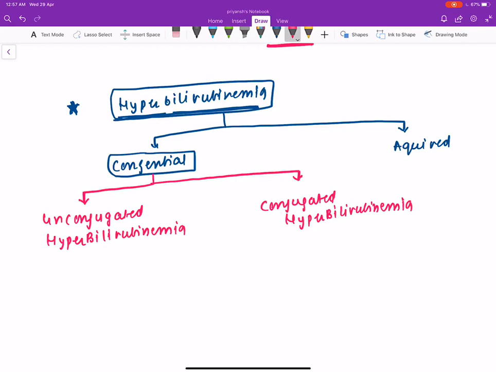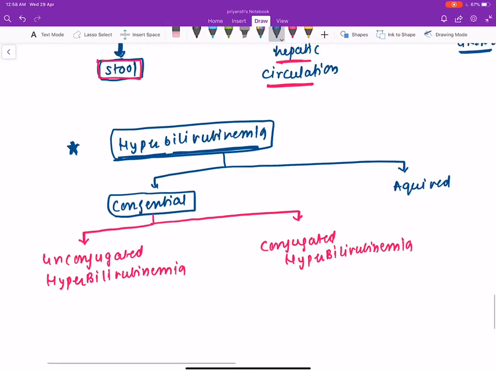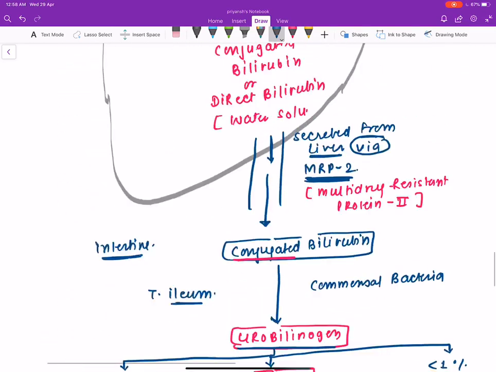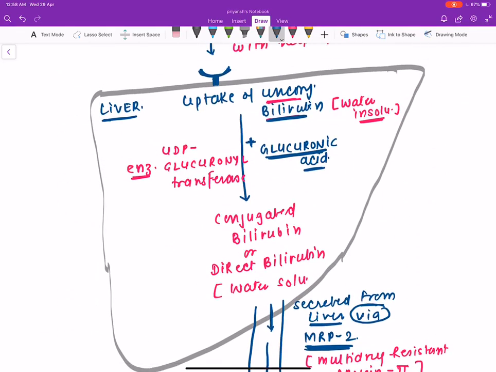So we should know which causes lead to unconjugated hyperbilirubinemia and which lead to conjugated hyperbilirubinemia. To understand this, I will scroll up and I want to focus you here.